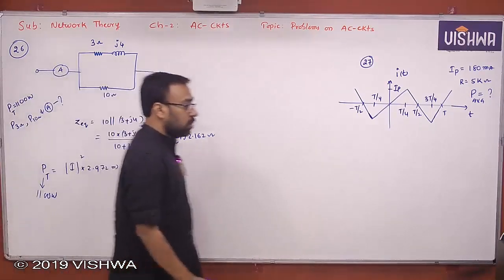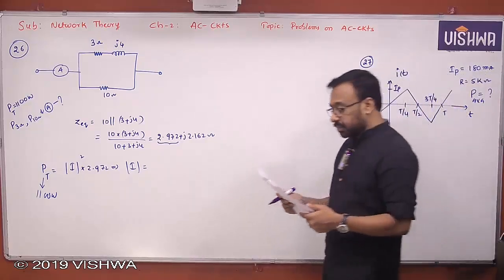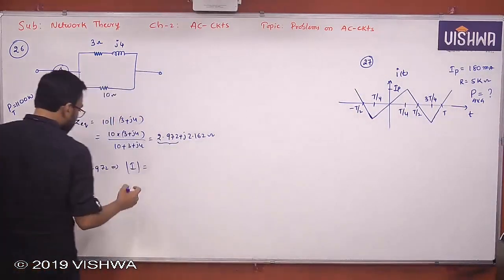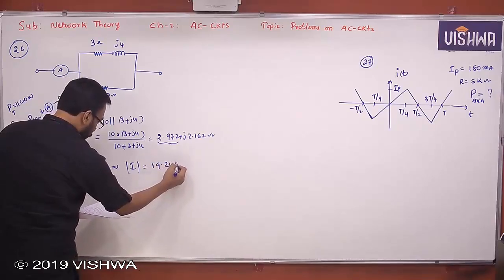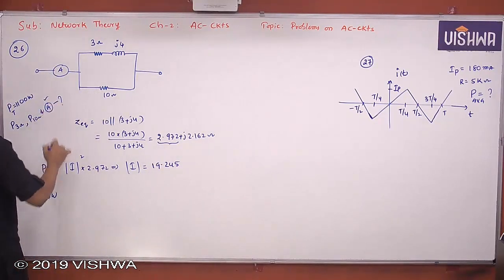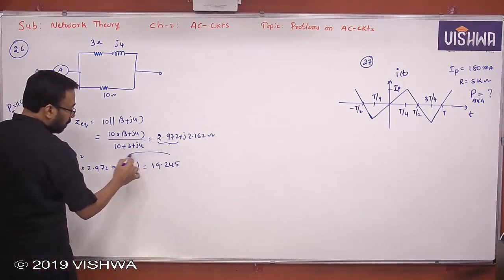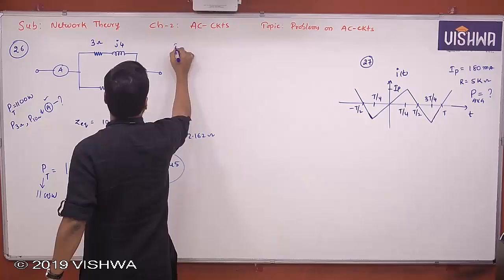Understand all of you? Okay. So once you calculate that, you will get the I value as 19.245. So I think you got the answer here, the ammeter reading. The ammeter reading is nothing but the RMS magnitude of that current only. Yes or no? Okay.